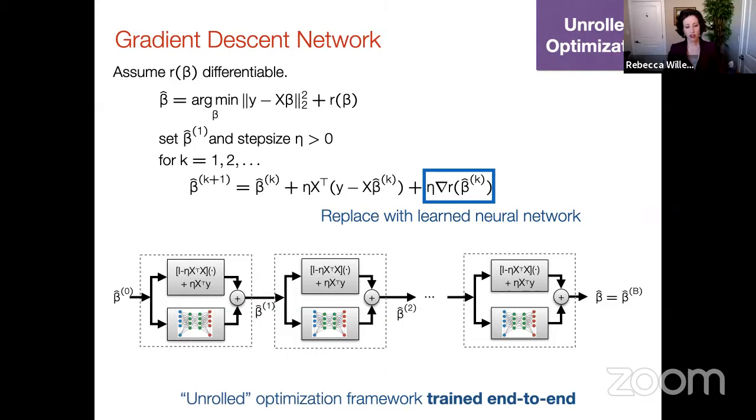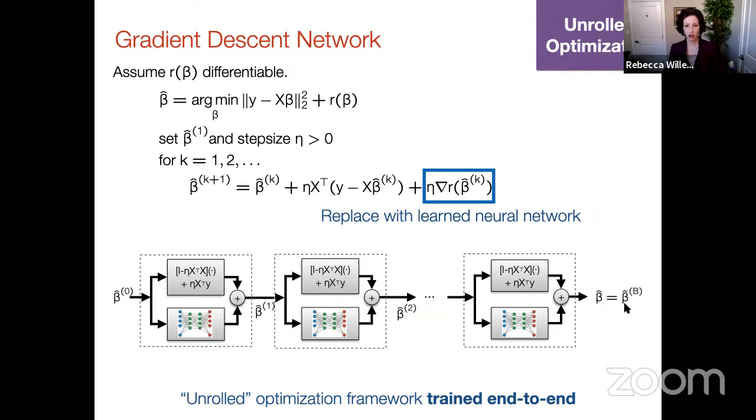But the key feature here is that this approach is trained end to end. In other words, when we choose the weights of the neural network, we're trying to ensure that the output of this entire process from start to finish, beta hat after B blocks, is as close as possible to the true beta.